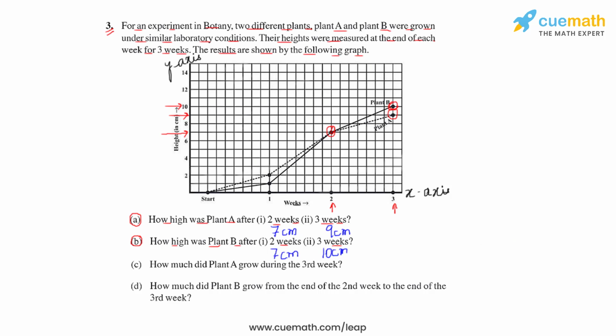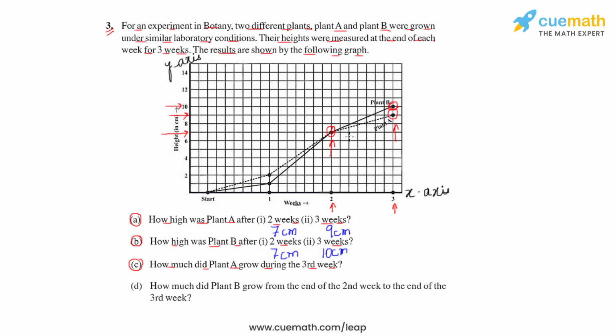Now moving on to the next question, which is question C. Now in C, we need to answer how much did plant A grow during the 3rd week. So as we see, during the 3rd week, the height of plant A in the starting was represented by this point, because after this point, the 3rd week started and then it reached here.